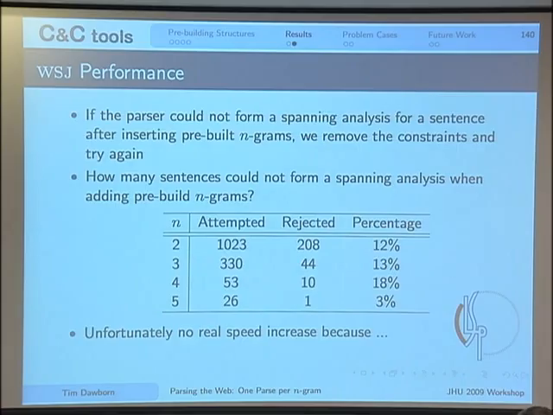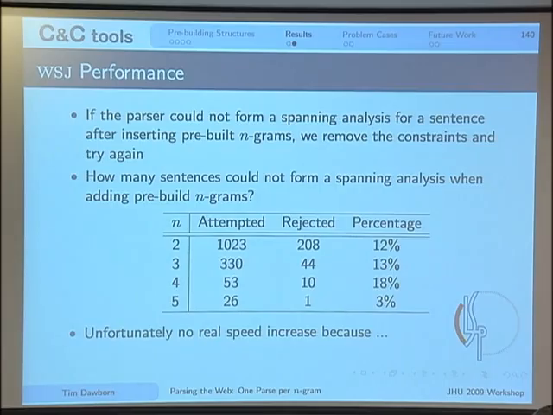Now, once we apply these particular n-gram database constraints to a sentence, if the parser cannot form a spanning analysis on its first attempt using these pre-parsed n-grams, we let the parser back off, take off the constraints, and have its normal attempt at the sentence again.